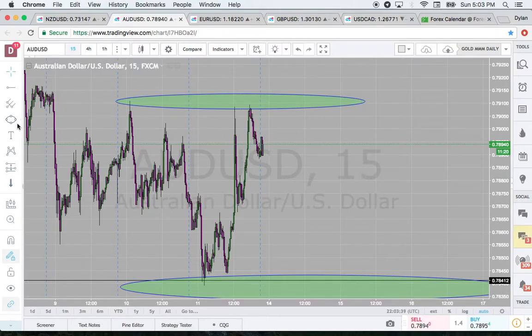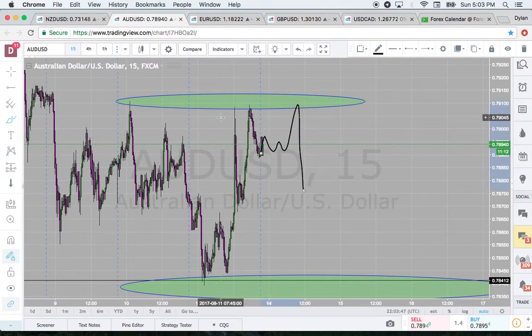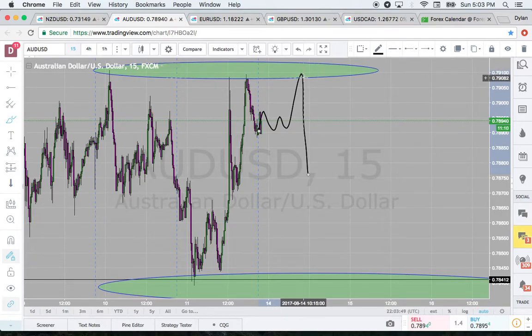So we could definitely see, just like NZD USD, AUD USD as well come and spike up, create that M formation off of the previous day's high.